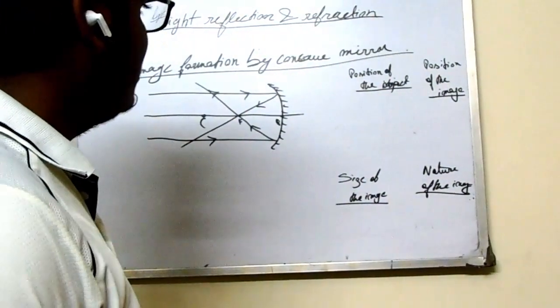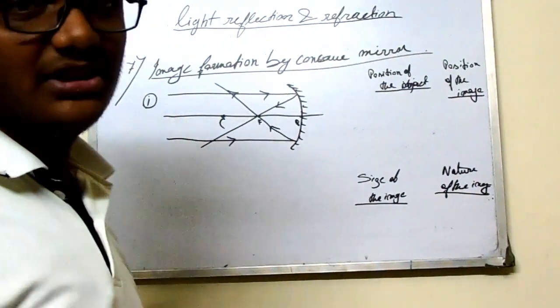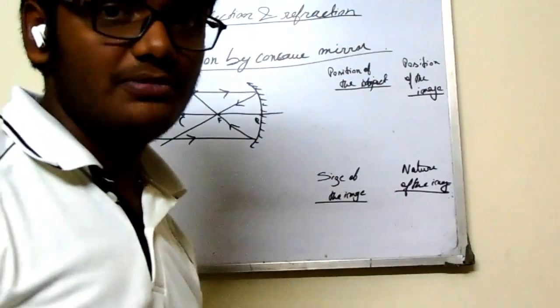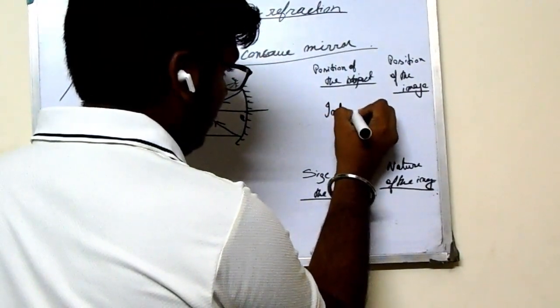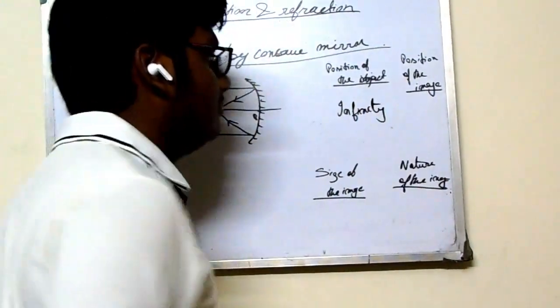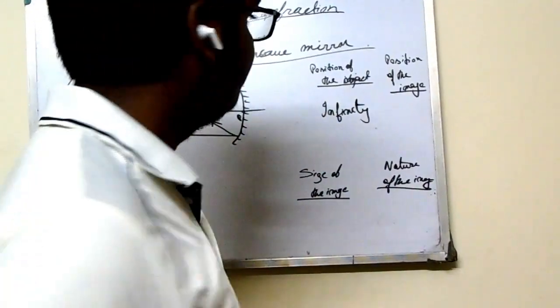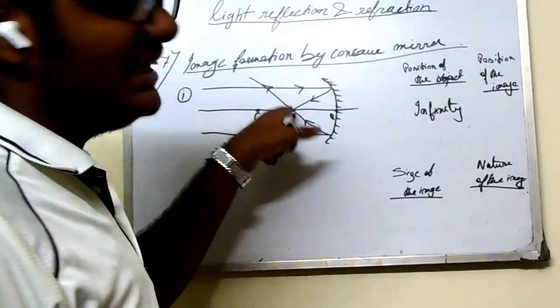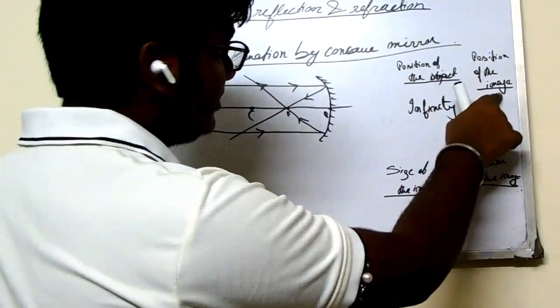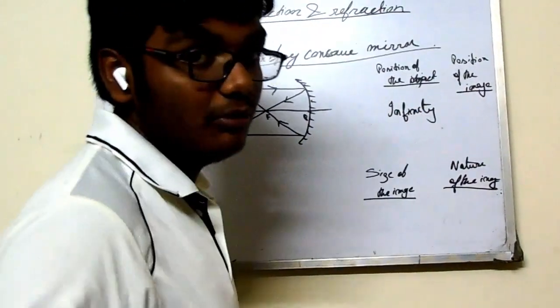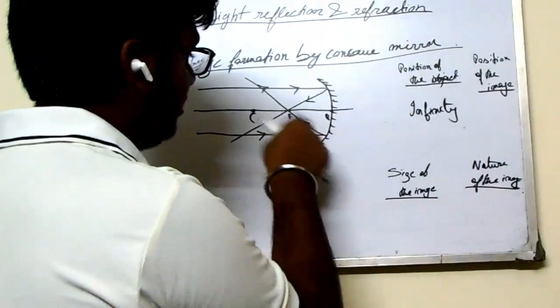So in this case, the position of the object is infinity. Position of the image, where? At F. Where the image is forming, at F. Two rays are meeting.